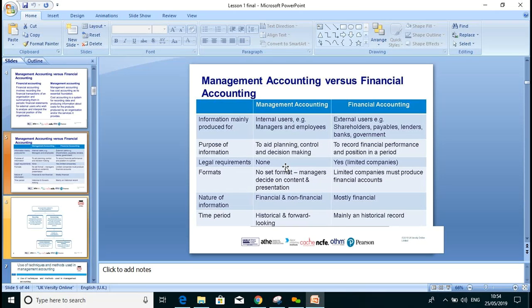Management accounts don't have a set format. You can set up costing in different ways, but in financial accounting we have a standard and a proper layout which we are supposed to follow.